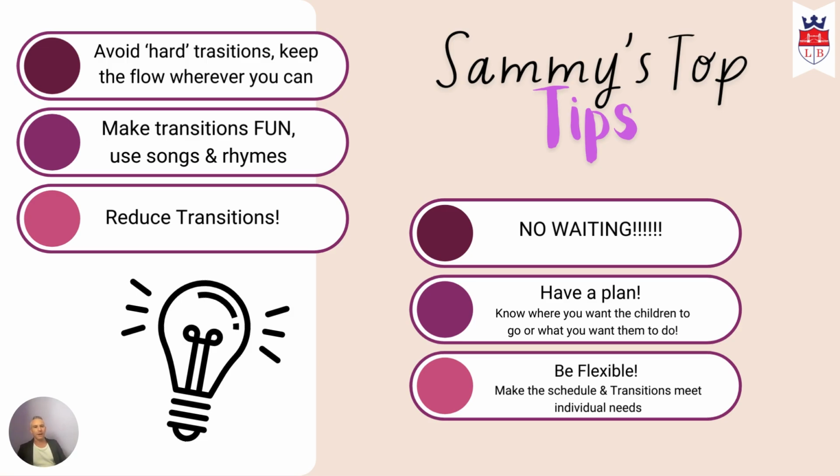Flexibly move them on to the next task or the next transition, out to the garden, off to lunch, wash hands. Try to avoid what I refer to as hard transitions.